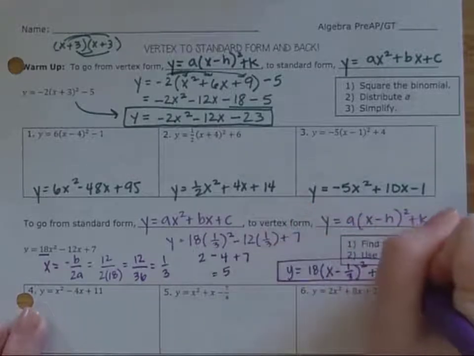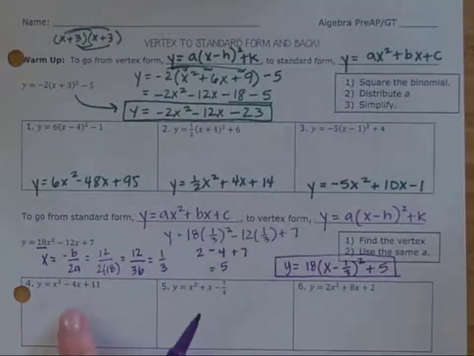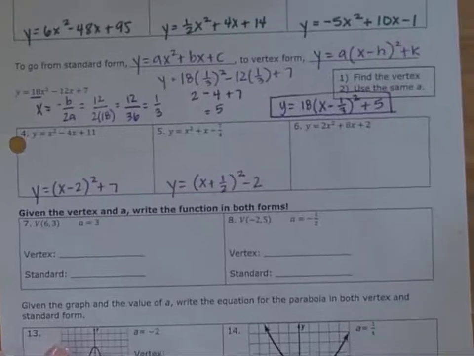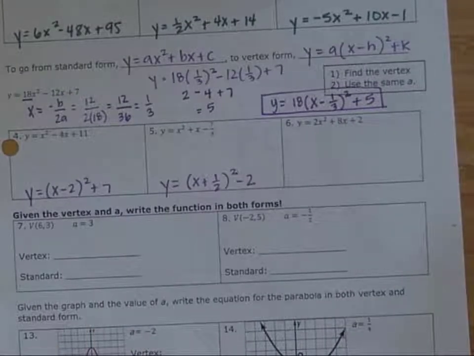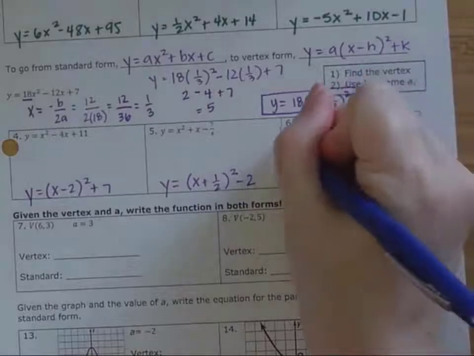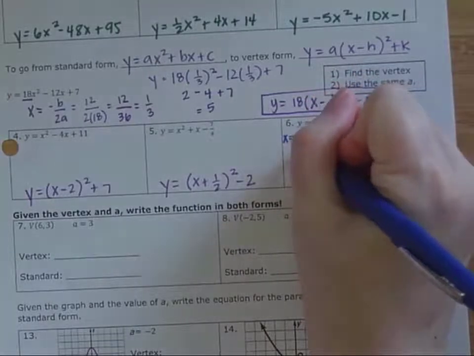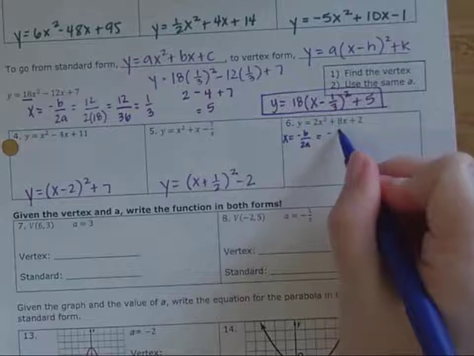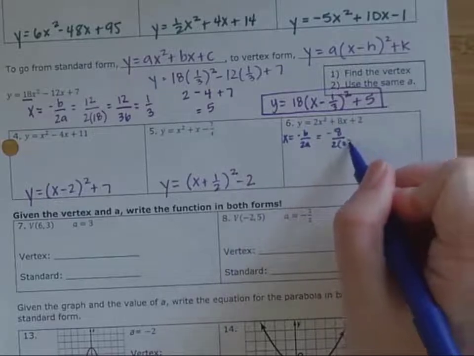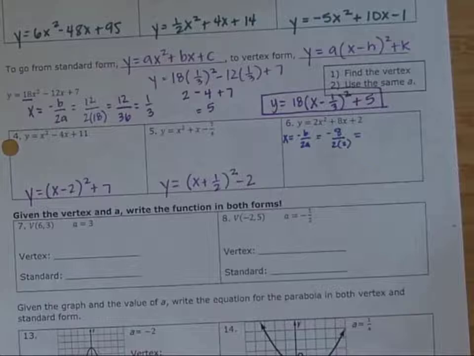Okay, so this one I feel like is a little more intricate. Pause the video, try these next three. Okay, checking 4 and 5, but let's go ahead and do 6 together. So finding the vertex, x equals negative b over 2a. That's negative 8 over 2 times 2. That's negative 8 divided by 4. So that's negative 2.